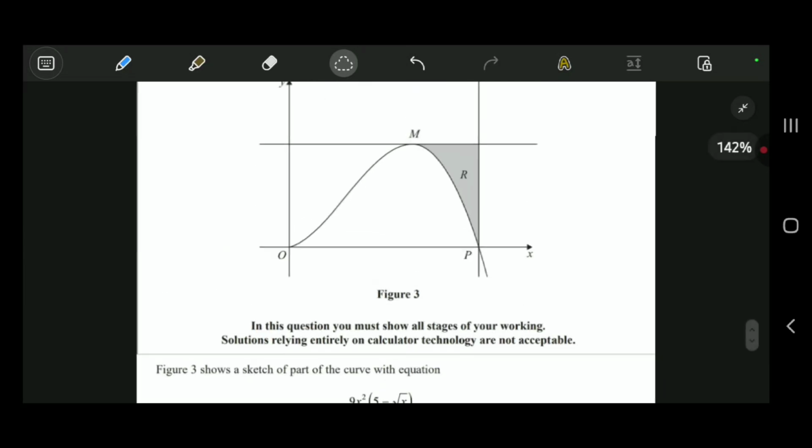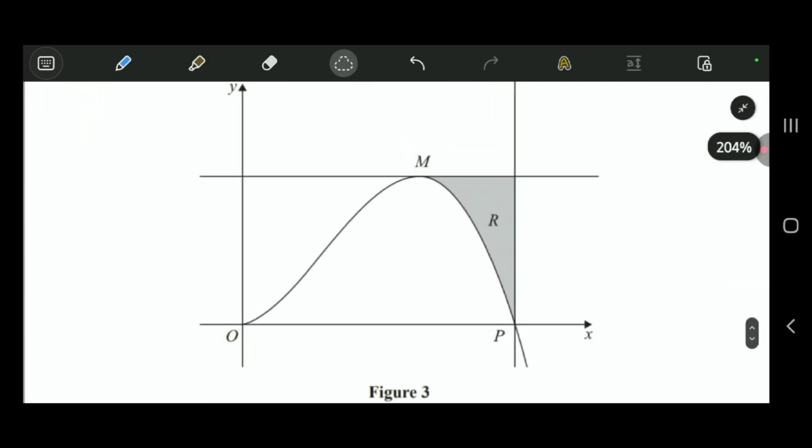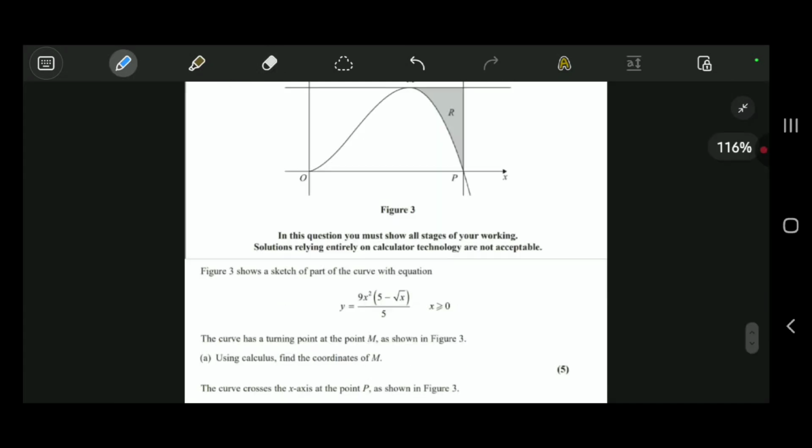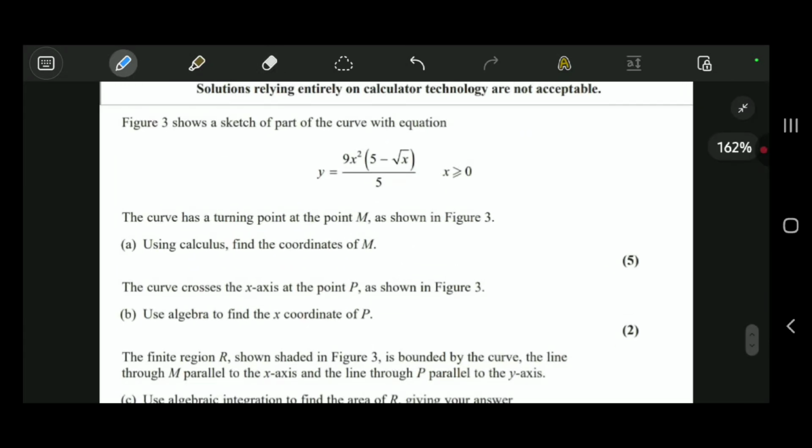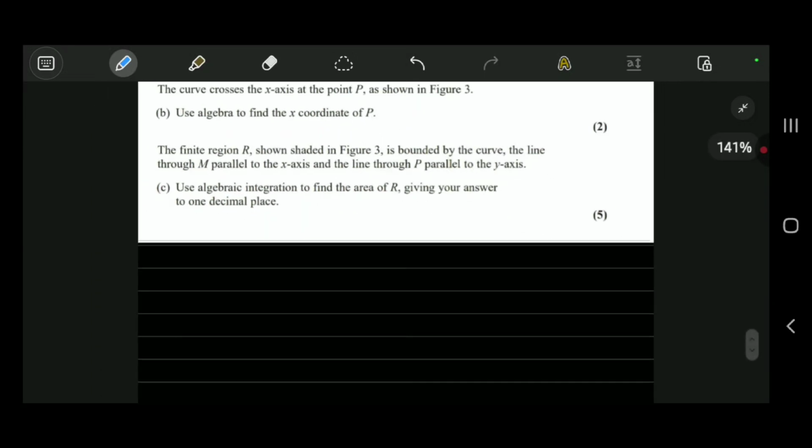So we know whenever we need to find the coordinates of M, that is the coordinates of the stationary point, we always do dy by dx equals 0. So do that. Let's first write down the y, 9x square, 5 minus root x over 5.